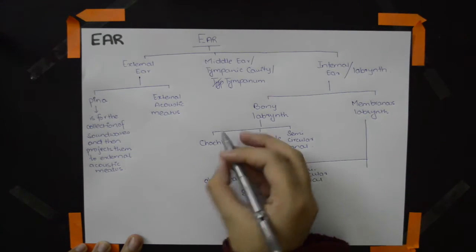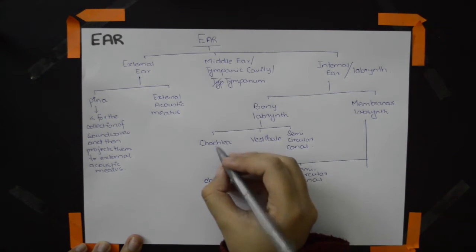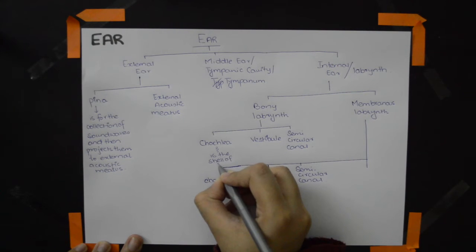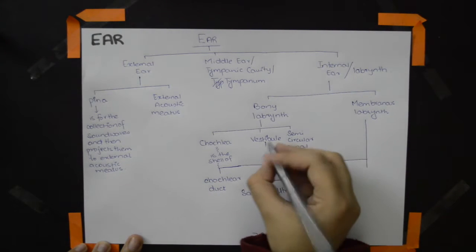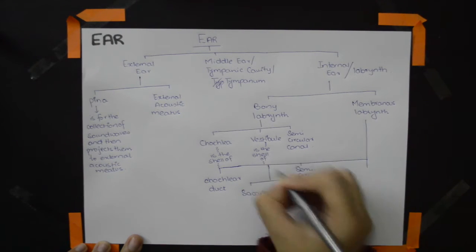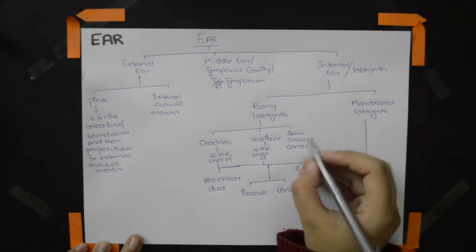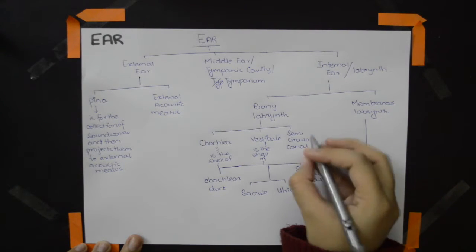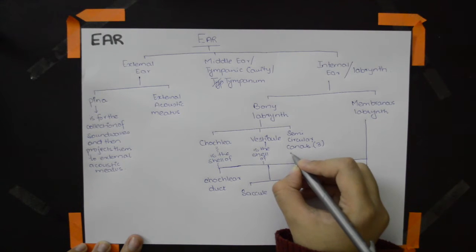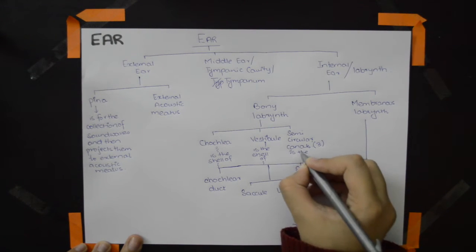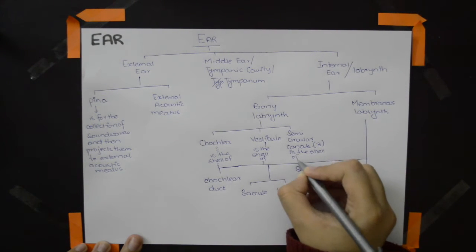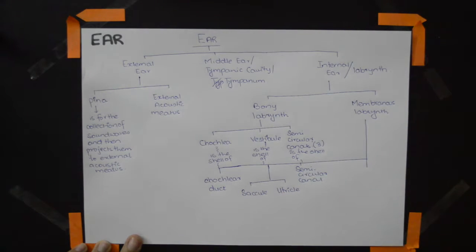So you can actually write it down like this, that the cochlea is the shell of cochlear duct, vestibule is the shell of saccule and utricle, and semicircular canals, actually these are three, are the shell of these canals.